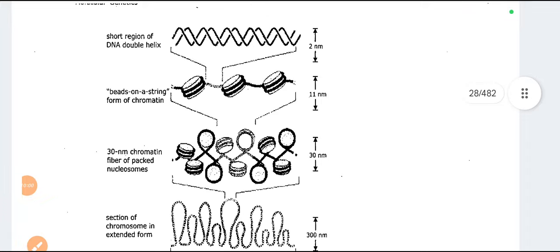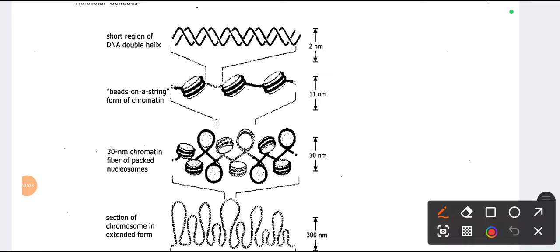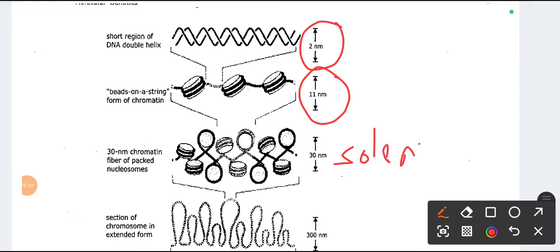You can see in this picture, very important for any biology exam and CSIR of course. First is the double helix, 2 nanometer, then the beads on a string structure, the first level of chromatin organization, 11 nanometer, then the solenoid structure, 30 nanometer, where 6 nucleosomes form a kind of ring.